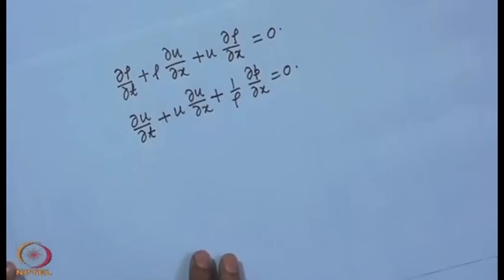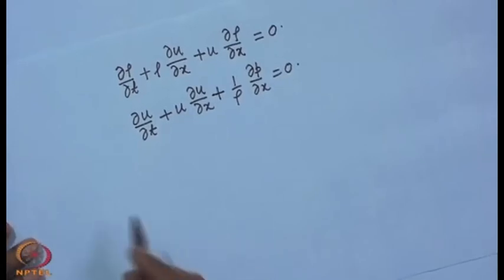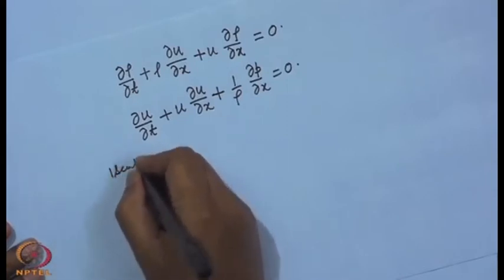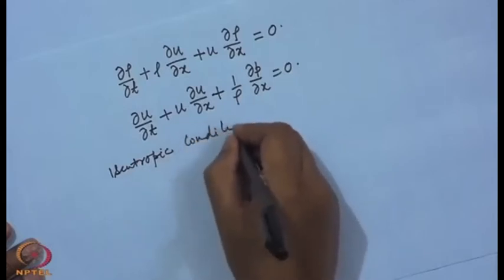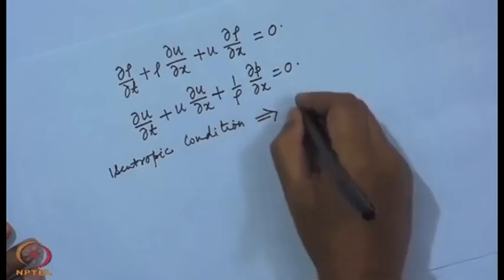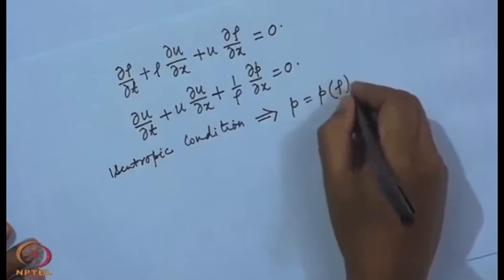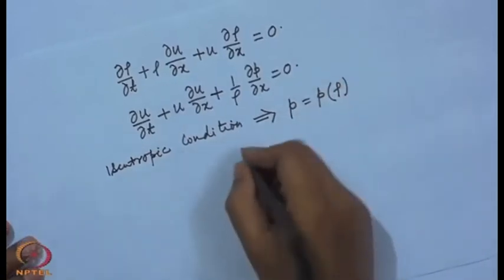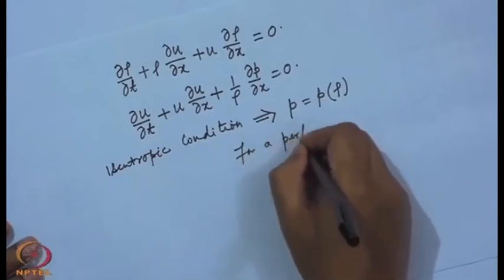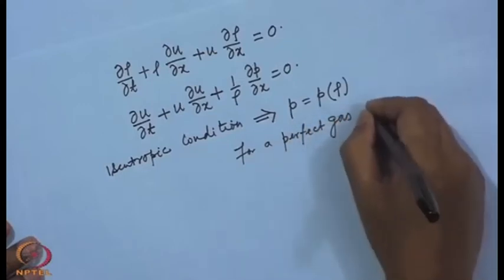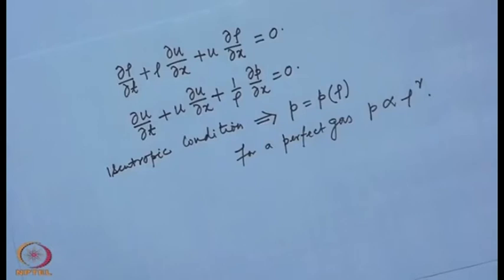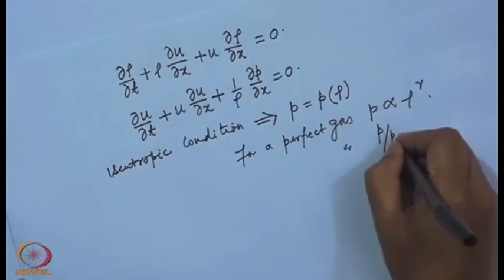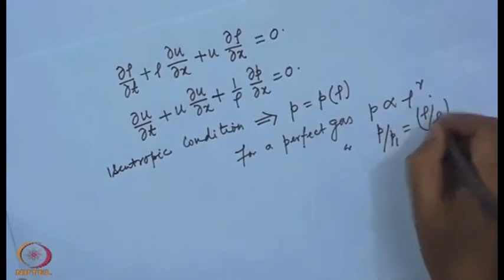As you know, in isentropic conditions pressure is just a function of density alone, and for a perfect gas this becomes P proportional to rho to the power gamma, or P by P 1 equal to rho by rho 1 to the power gamma.